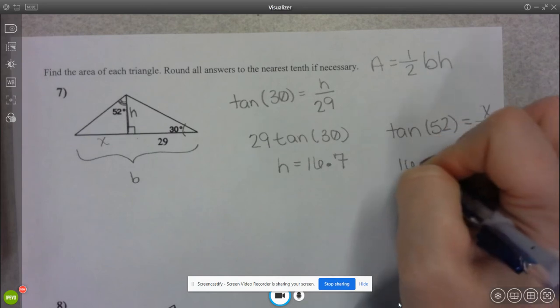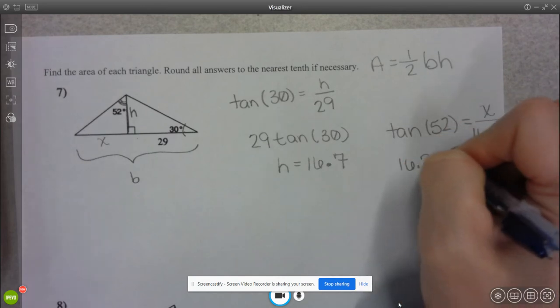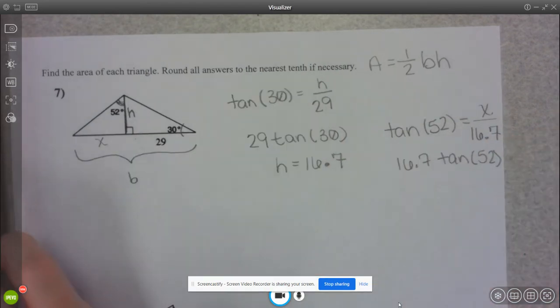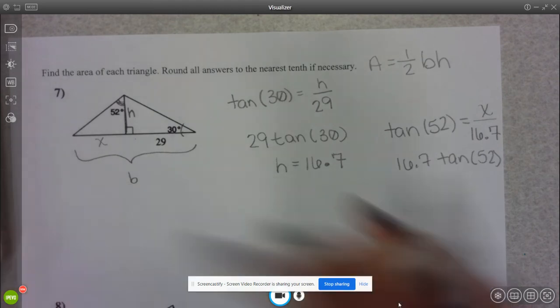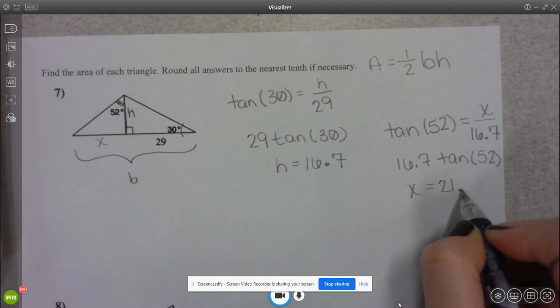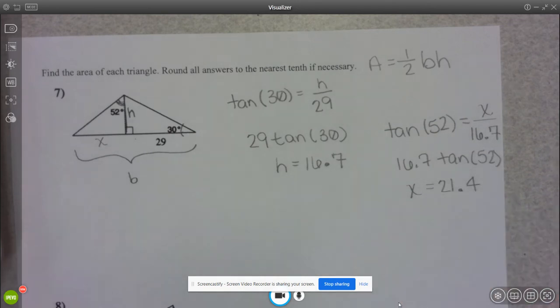So in my calculator, I'm going to do 16.7 tangent of 52. So our x value is 21.4.